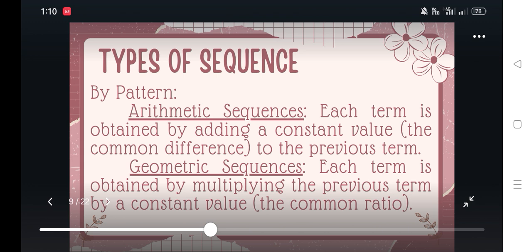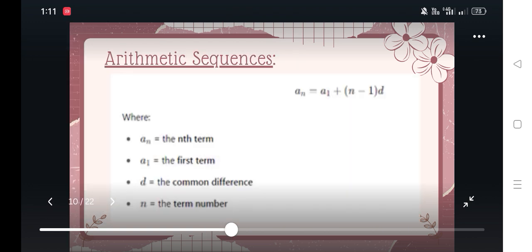It is an arithmetic sequence if we add or subtract a constant value. And when we say geometric sequence, each term is obtained by multiplying the previous term by a constant value, or the common ratio.